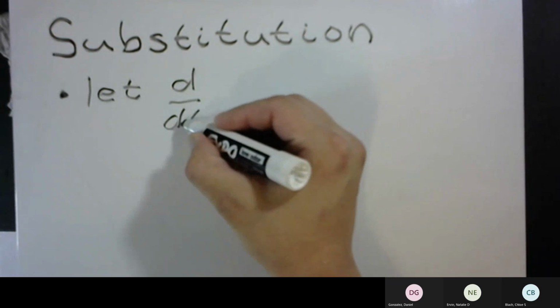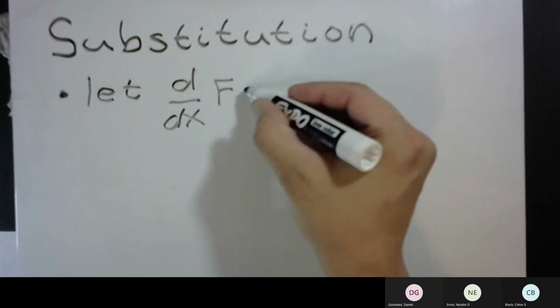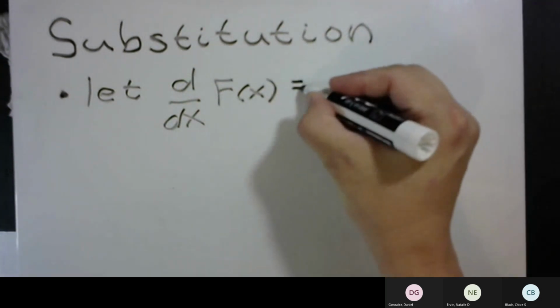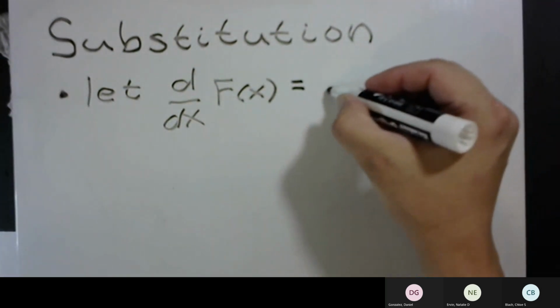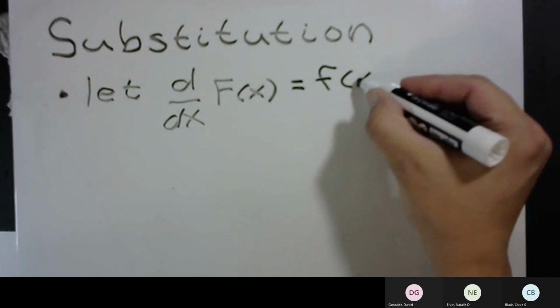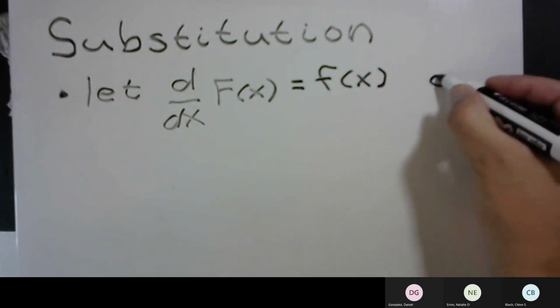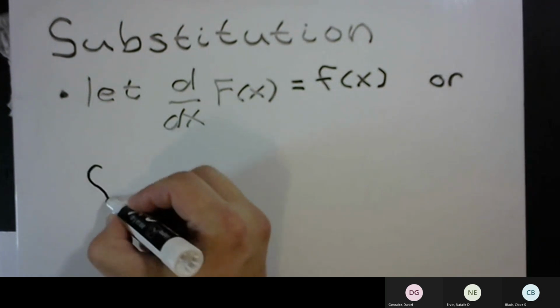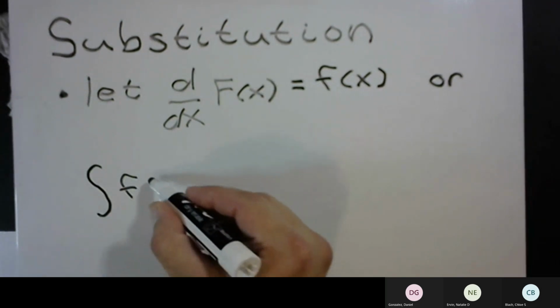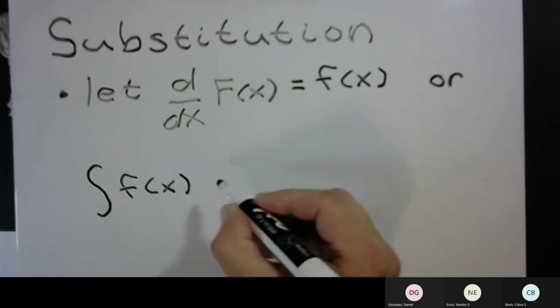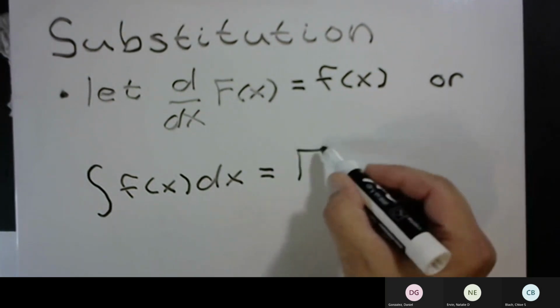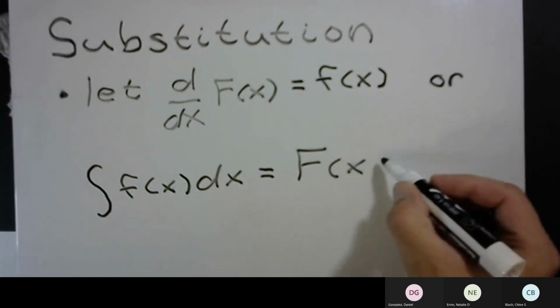Now let's suppose we have a function, capital F of x. And if we take the derivative of it, we get little f of x. Or put another way, if we integrate little f of x dx, we get capital F of x.